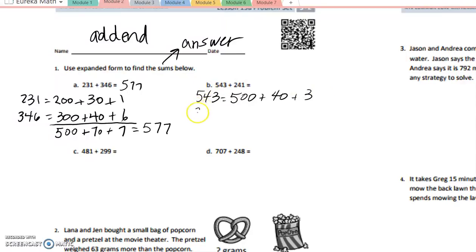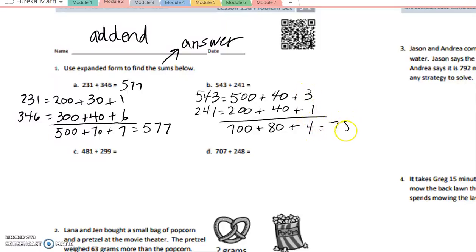Okay, so now we have to take 241 and put that as its place value components. So 200 plus 40 plus 1 equals 500 plus 200 is 700, plus 40 plus 40 is 80, plus 3 plus 1 is 4. So we combine it back together, we have 784, and then we put our answer up here.